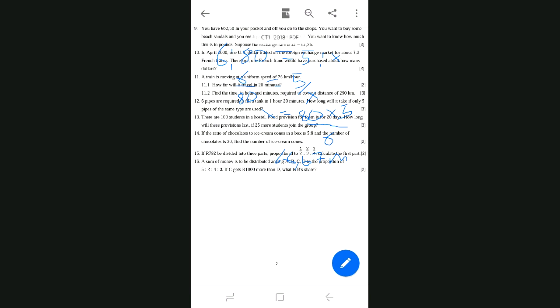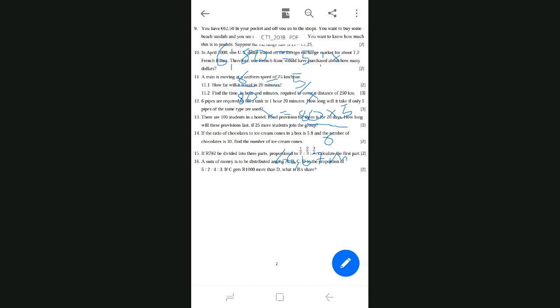How long will it take if only 5 pipes of the same size are used? Oh, okay, no, this one is an inverse proportion. It's not a direct proportion.